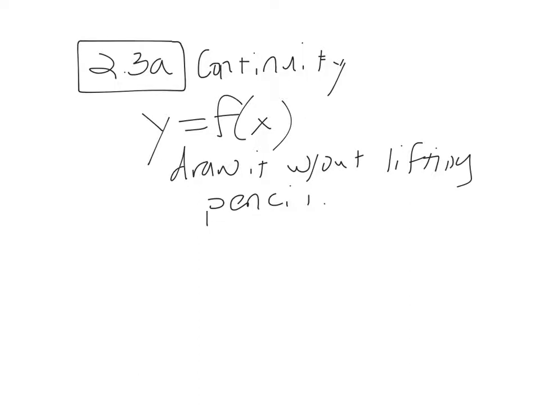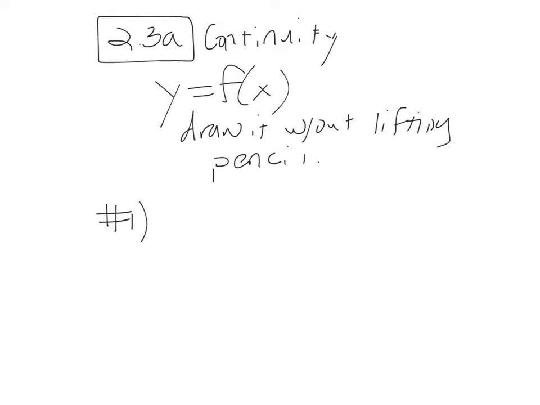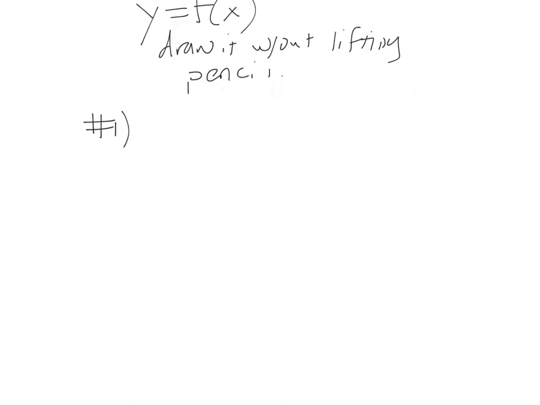There we go. So what we're going to do is look at a graph that is not continuous, and find out what the points are that are not continuous on this graph. So draw this graph as best as you can. It's going to be a weirdo piecewise function. Let's put a dot at 1, and then an open circle down here with a line.